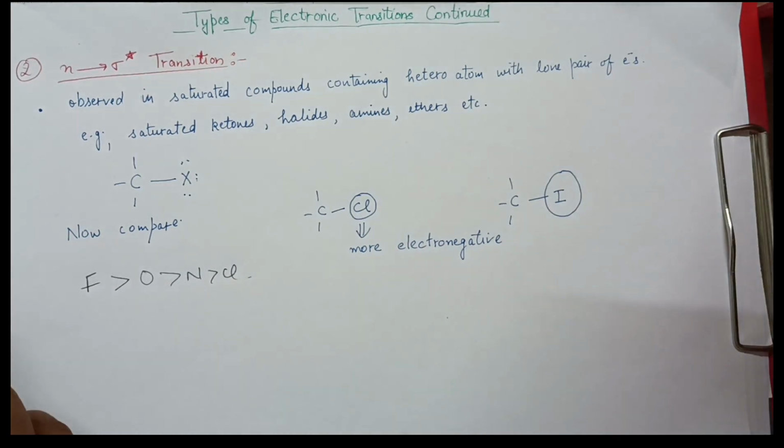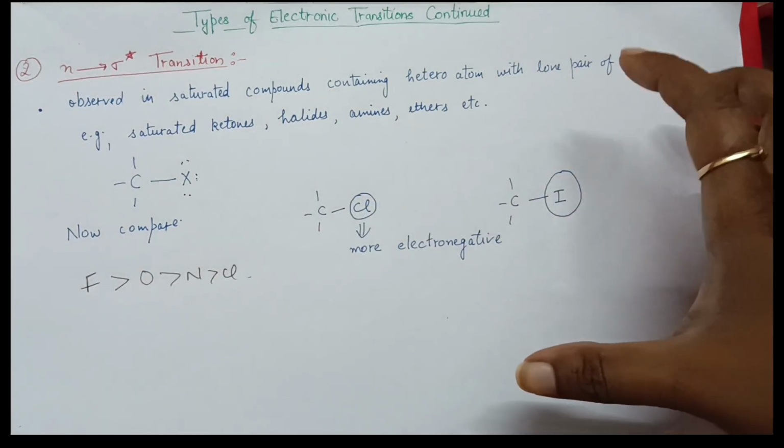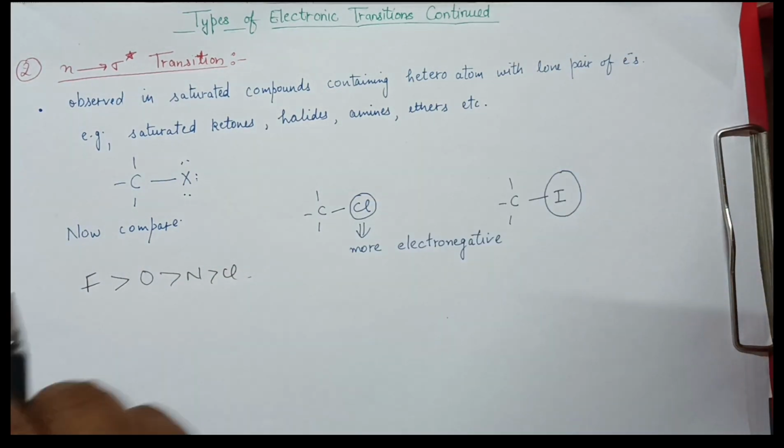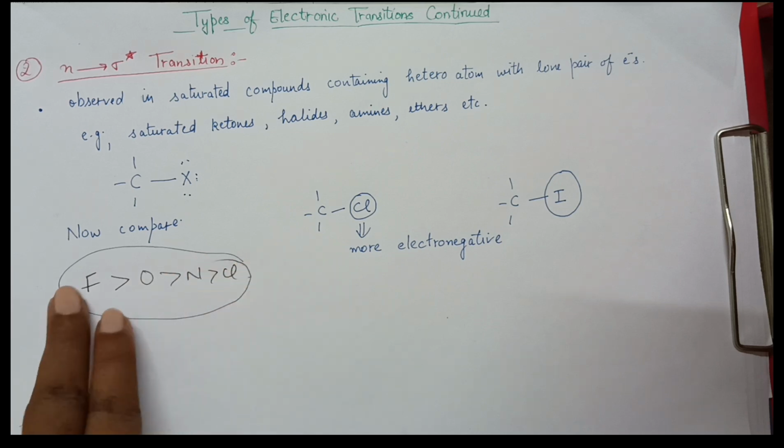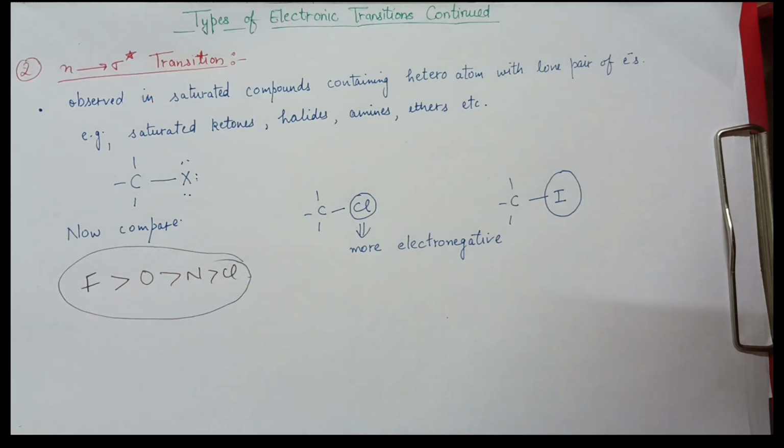Iodine has very low electronegativity, and it has a very big size as well. In general, fluorine has the highest electronegativity in the periodic table, followed by oxygen, then nitrogen, then chlorine. These are very electronegative elements.